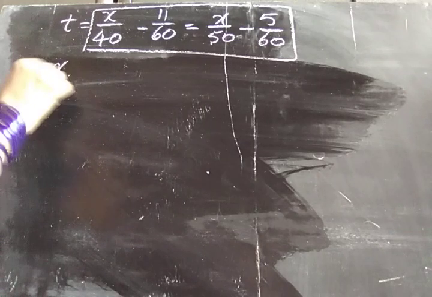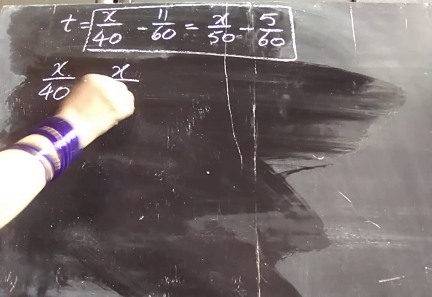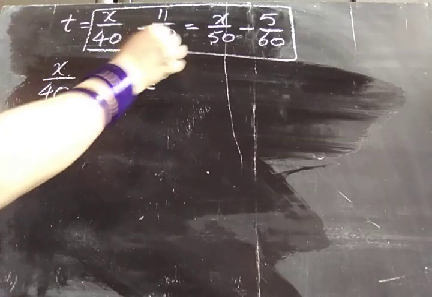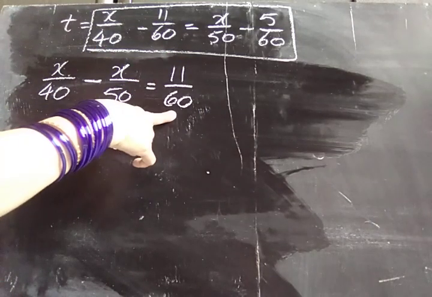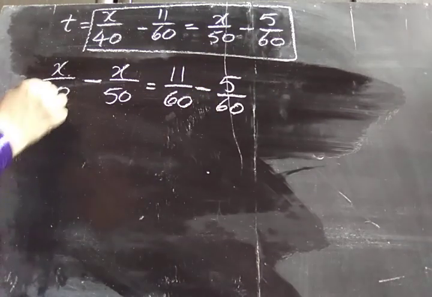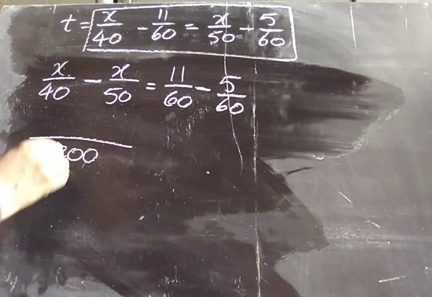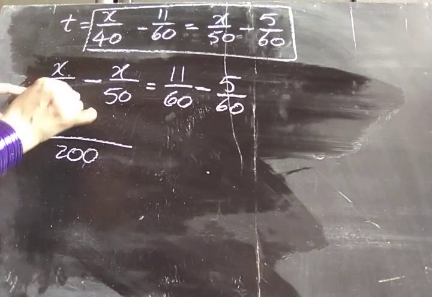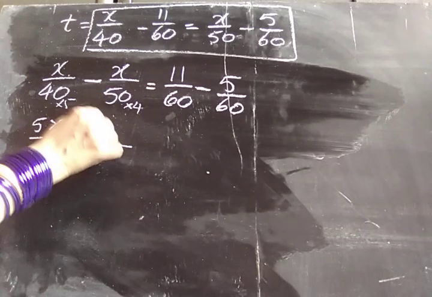Now, X by 40, bring this to the LHS: X by 40 minus X by 50 is equal to 11 by 60 minus 5 by 60. Now LCM of 40 and 50 is 200. 40 goes 5 times, then 5x minus 50 goes 4 times, then 4x.